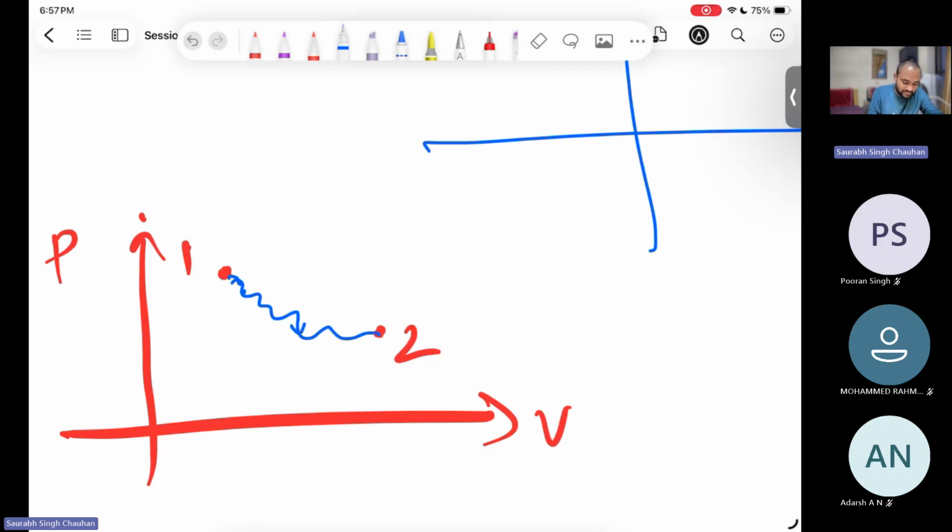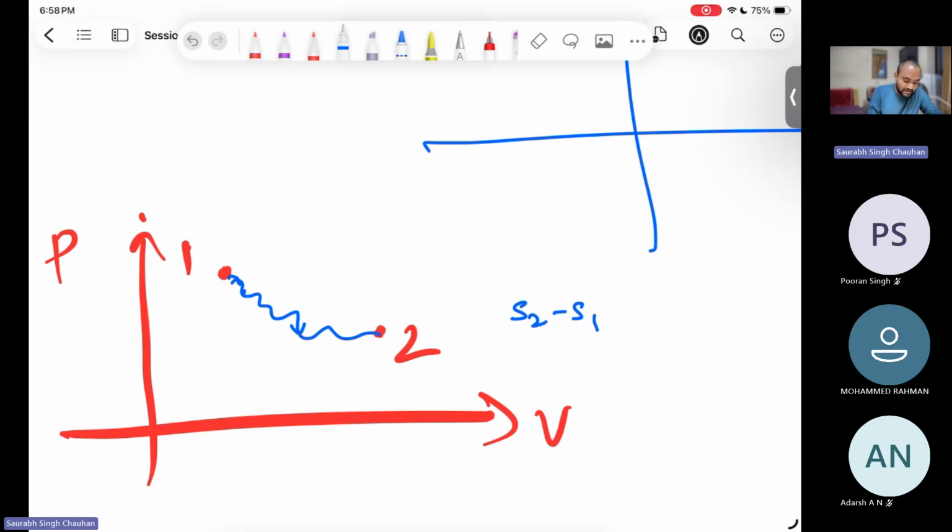You are asked to calculate the entropy change, that is S2 minus S1, along this path. But you know that entropy is a point function, so you need not follow this path.